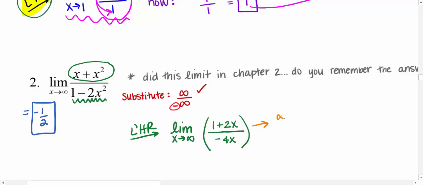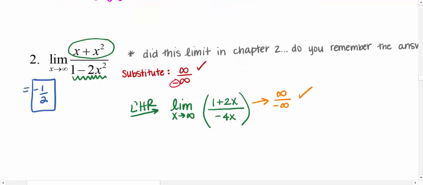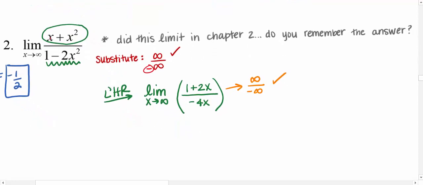Well, it's still infinitely big in the numerator and negative infinity in the denominator, so I'm going to do L'Hopital's rule again. No problem. And sometimes you have to do it a few times, and that's okay. It's called an iteration. It's like how many steps do you do it.